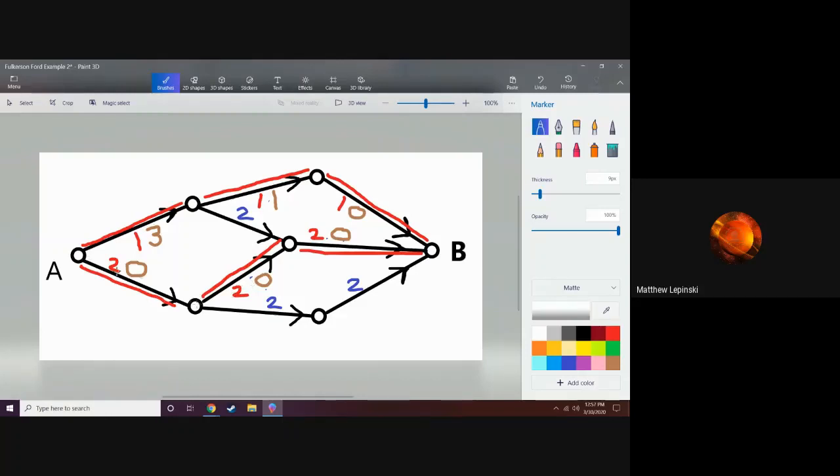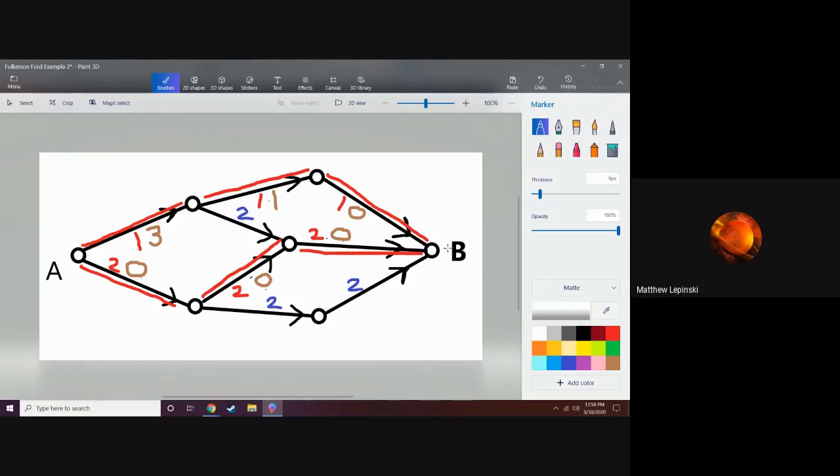When we were just starting off, we sent 2 red units of flow from A downward. Then we had to decide, do we want to send those units of flow up, or do we want to continue along the bottom?